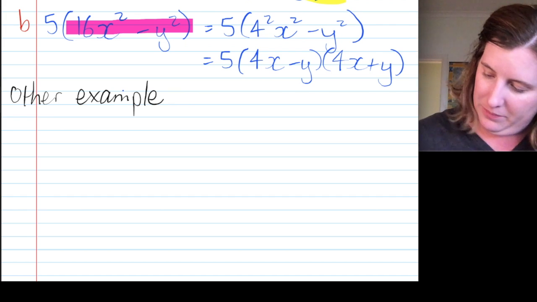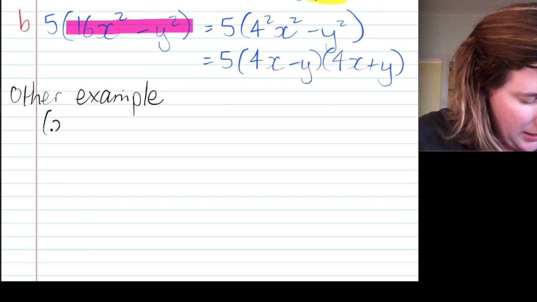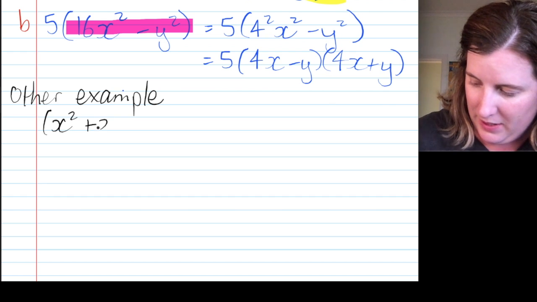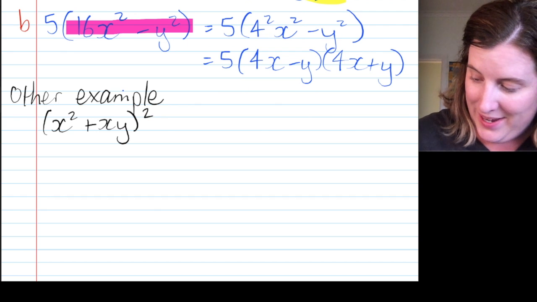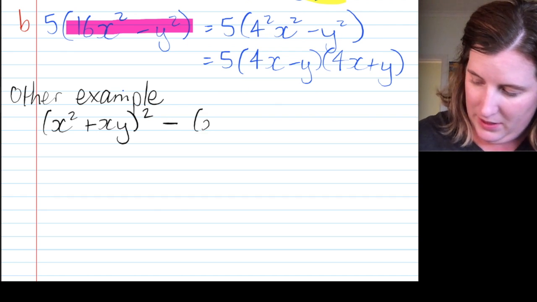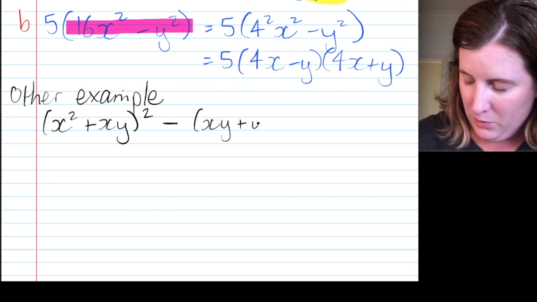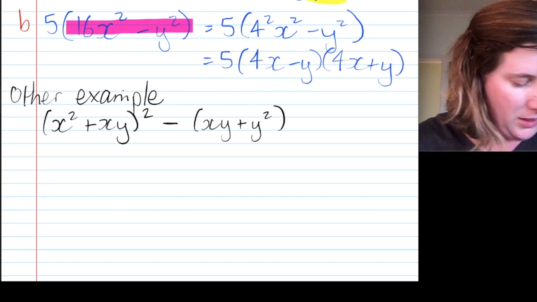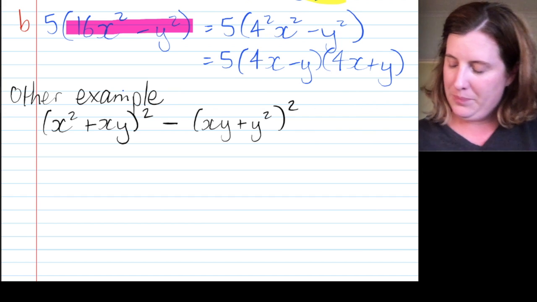So we've got x squared plus xy, squared, minus xy plus y squared, squared.